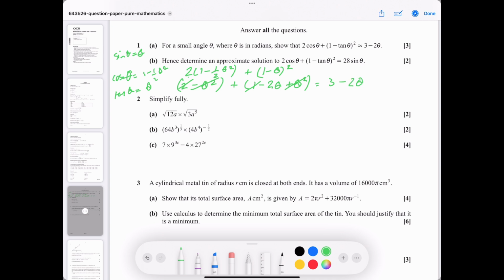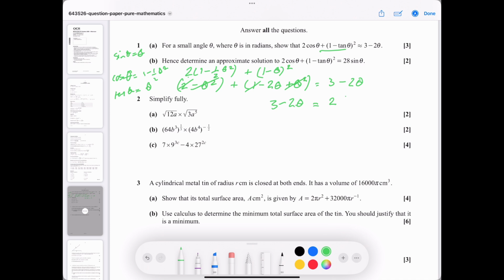Right, hence determine an approximate solution to 2 cos theta plus (1 minus tan theta) squared equals 28 sine theta. So that would be 3 minus 2 theta equals 28 sine theta.